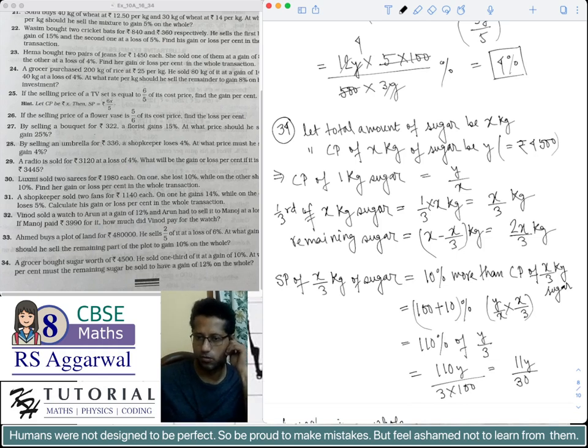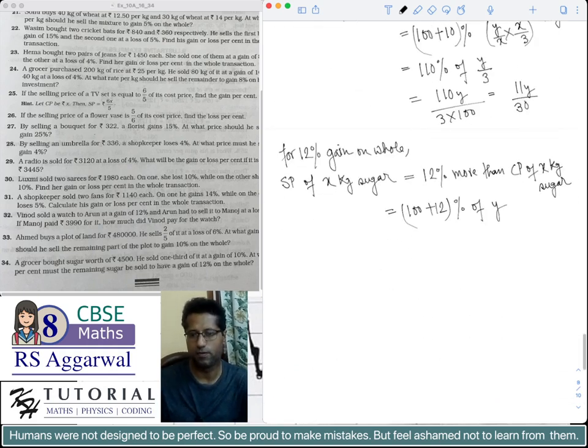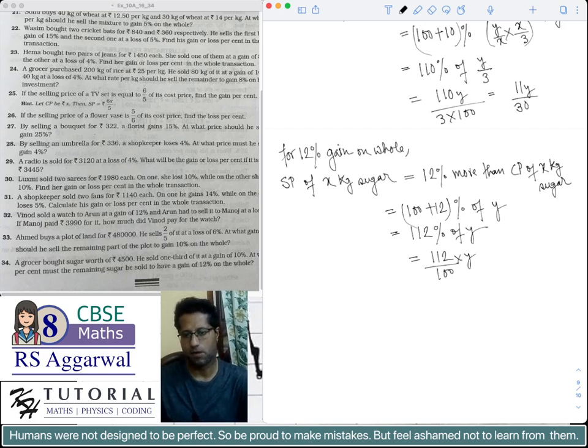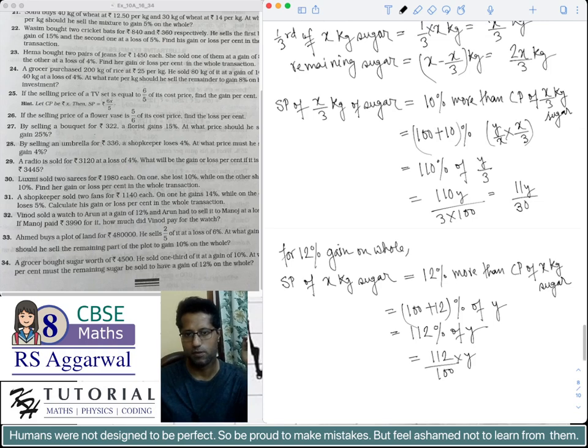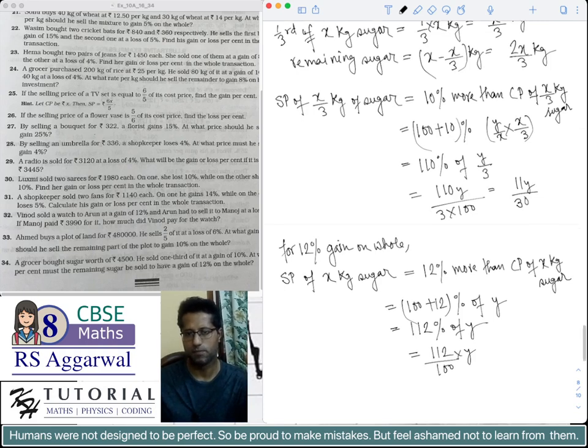But since we know that this figure 4,500 will not be used, we have assumed the cost price of the entire sugar to be Y. So this is equal to 112% of Y, which is 112 divided by 100 multiplied by Y. This should be the selling price of the entire sugar. And also we have found that the selling price of the 1/3 of the sugar is 11Y by 30.